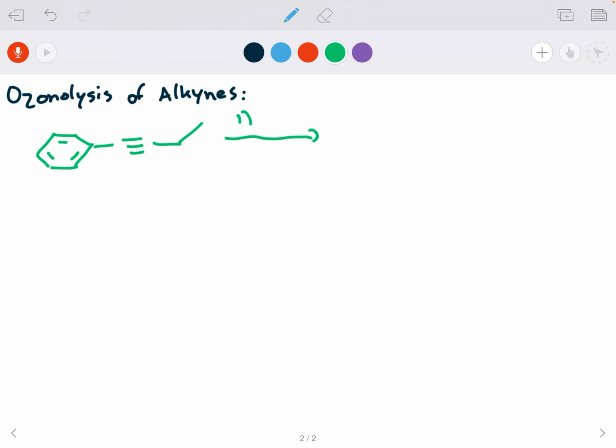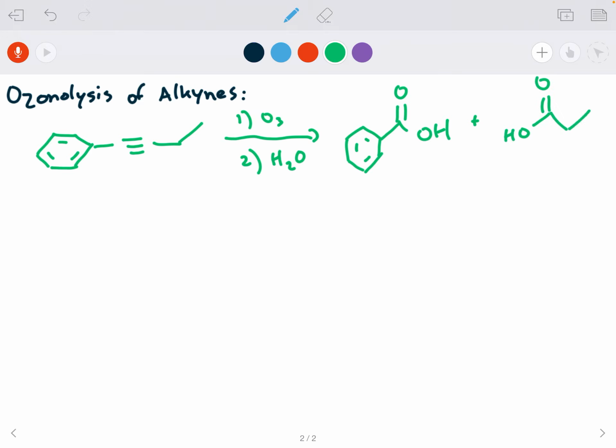If I react with initially ozone and then water, my products are going to be carboxylic acids. So you get carboxylic acids when you undergo ozonolysis of alkynes. So I get 2 different carboxylic acids here with the 2 sides of the alkyne.